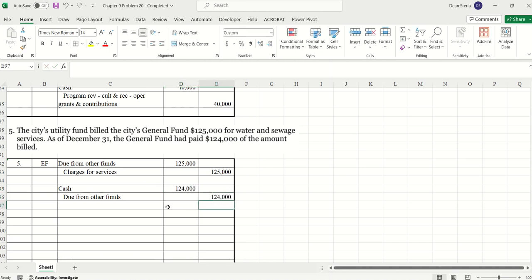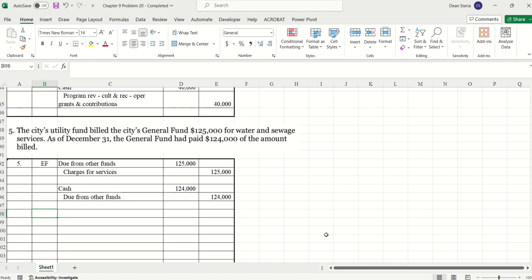Okay, so you can see that due from other funds was 125. We subtracted 124, so in due from other funds, they're still due $1,000.